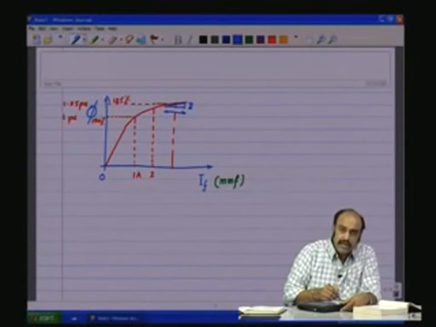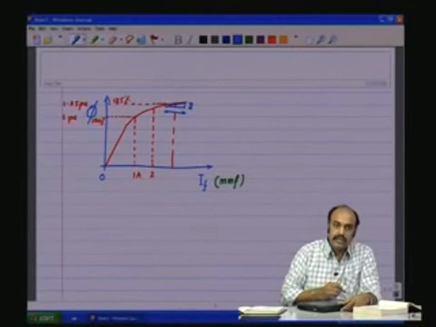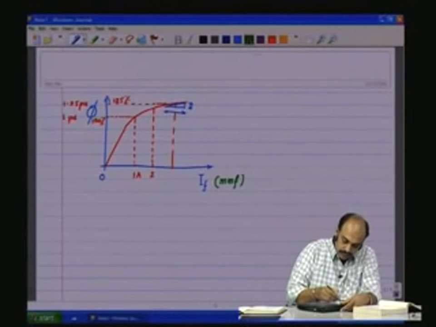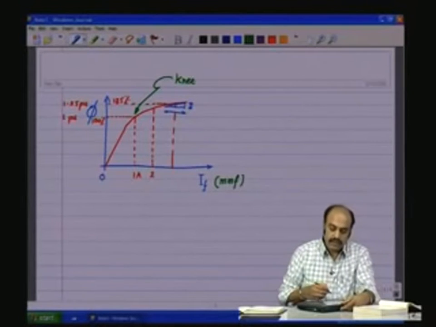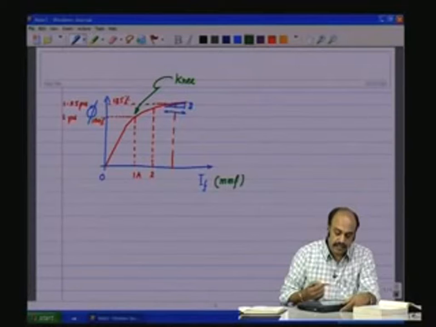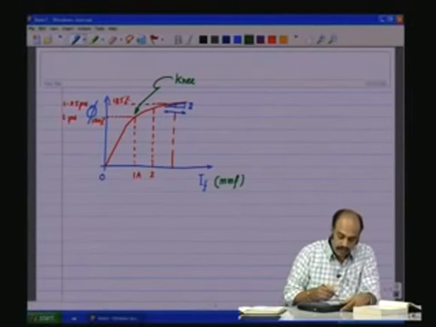One should operate the machine just up to the knee point, this is called the knee, and it is not advisable to operate beyond the knee point, because then the currents drawn will be much higher, and therefore I squared R losses will be higher.